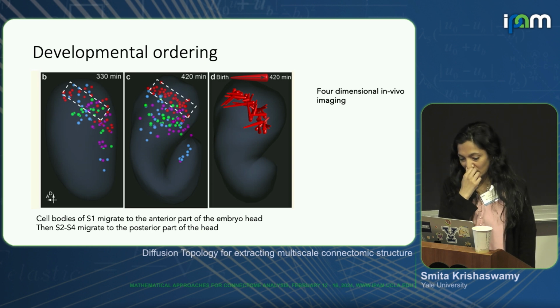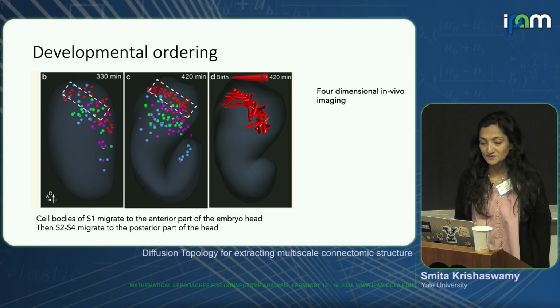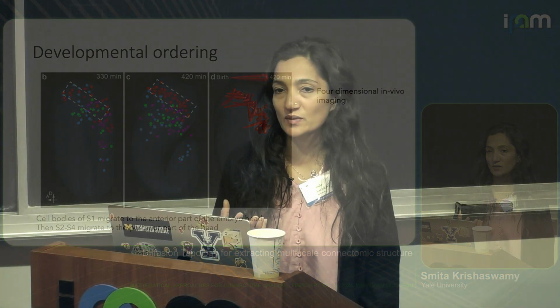So the S1 migrate to the anterior part of the embryo head, and then 2, 3, and 4 migrate to the posterior part. So in a sense, you're kind of looking at all of these neurons and thinking of them as architectural components that aren't necessarily completely functional, but they're also structural, kind of in a way that computer architecture is.